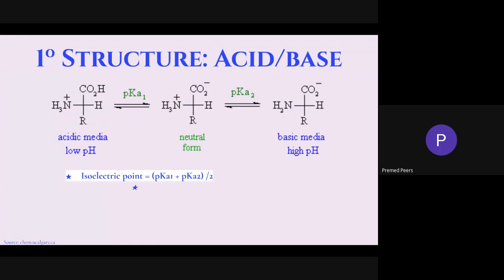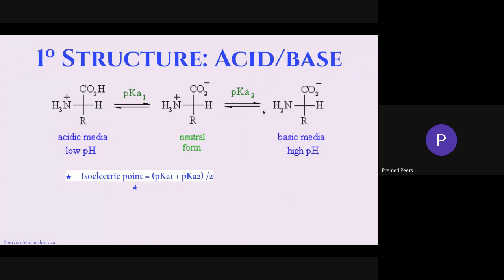If you have something nonpolar, which includes glycine, alanine, phenylalanine, and a number of others without a charged species on the side chain, then it's simple: you just add the pKa of the amino group and the pKa of the carboxylic group and divide by 2.